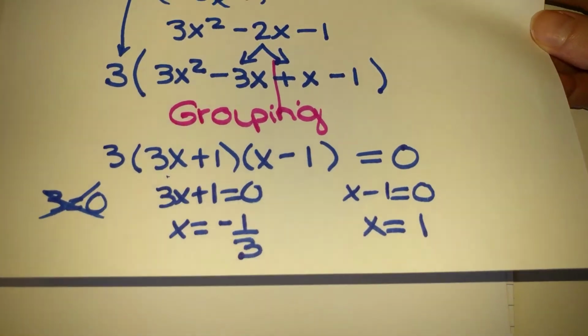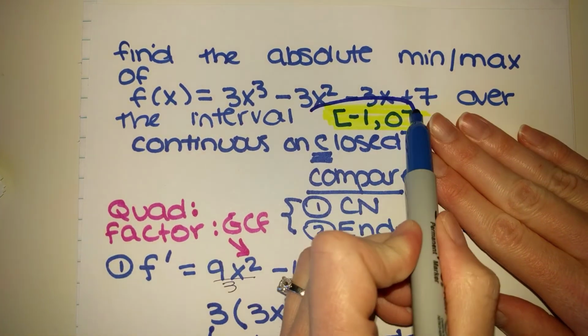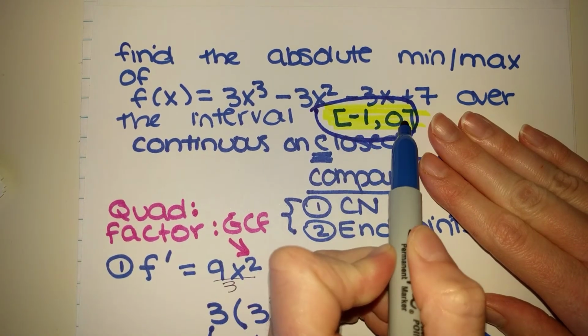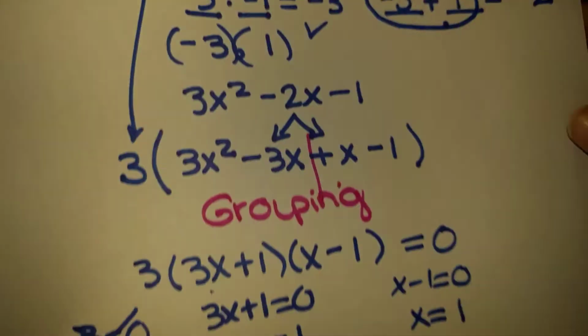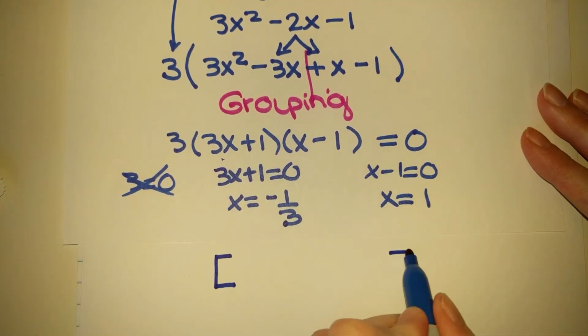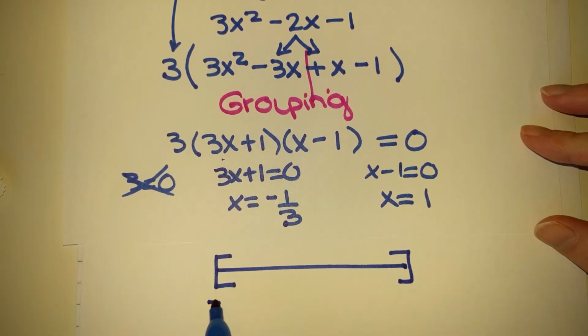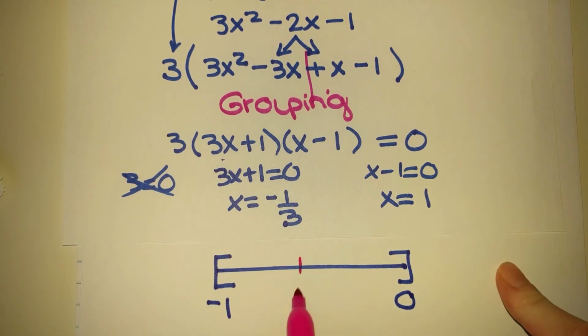Now, we need to talk a little bit about how you deal with these critical numbers. If you look back at the very beginning of the problem, it had this closed interval, -1 to 0. So when we get these critical numbers of -1/3 and 1, if we're only looking at a closed interval, and again our closed interval is -1 to 0, if you think about -1/3, that's in this interval. So that's perfectly acceptable to think about that for a critical number.